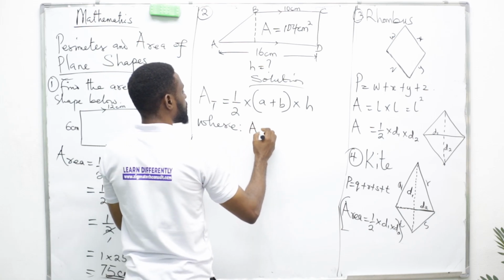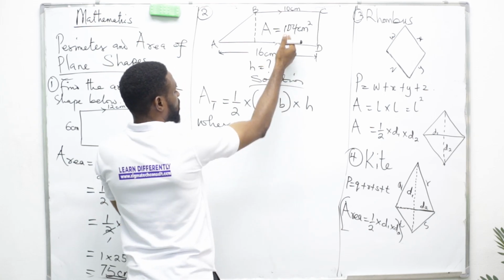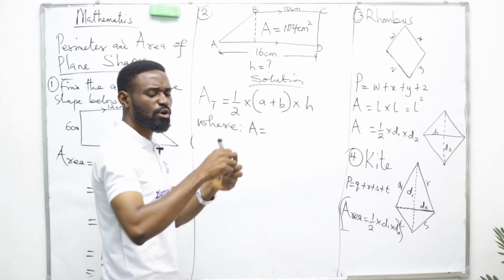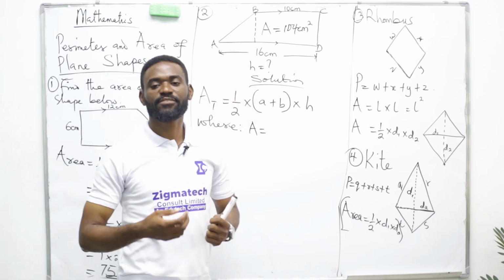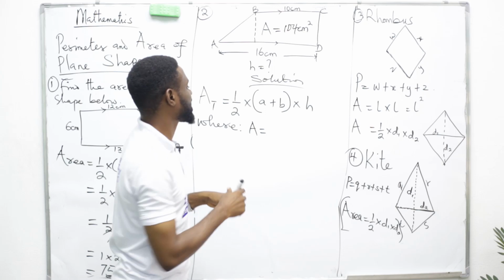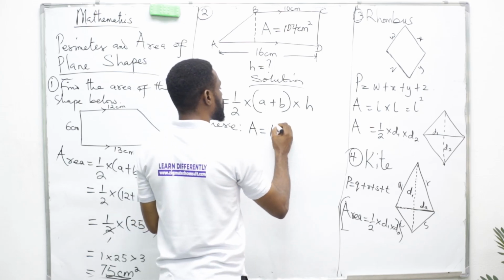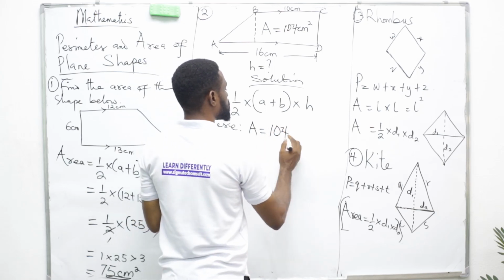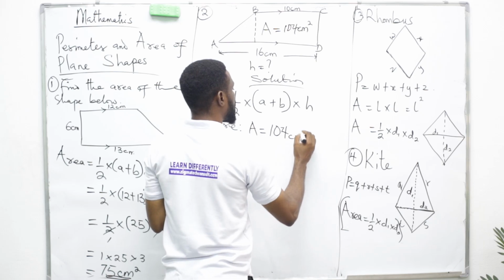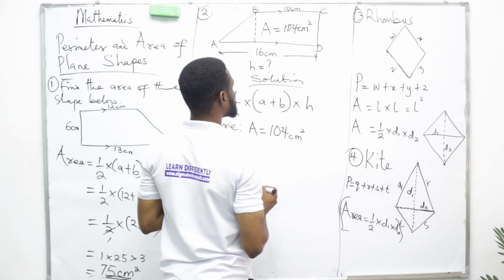Now, here we can say where A, they say it is what? 104. A is area, and they have given us what area is in the question. They say area is 104 cm square. You get?